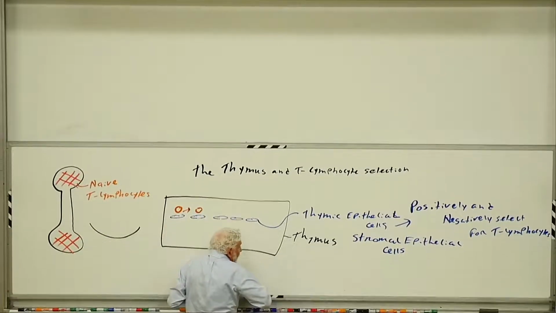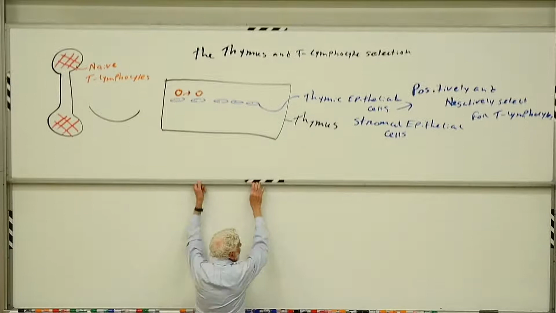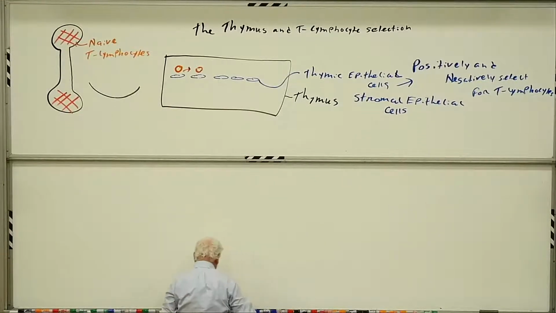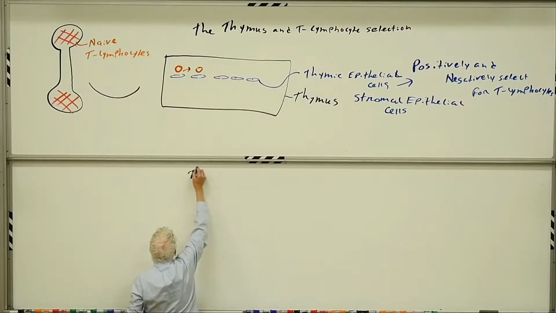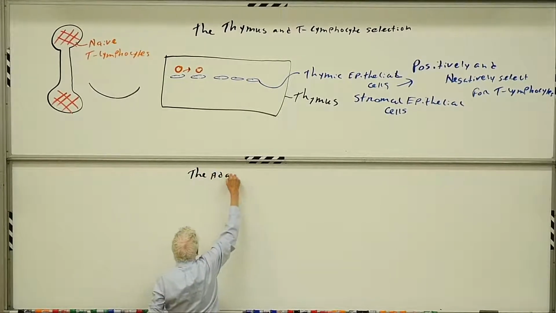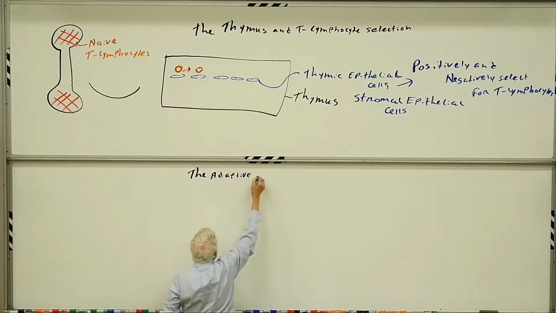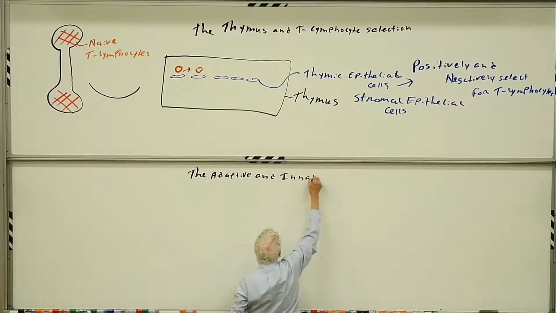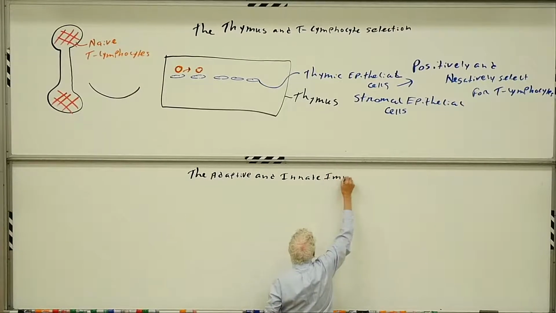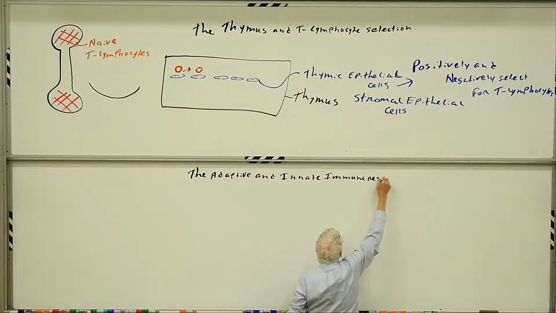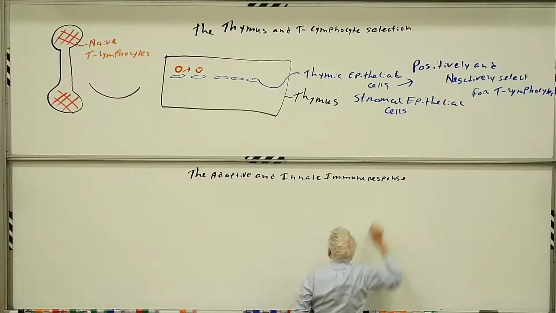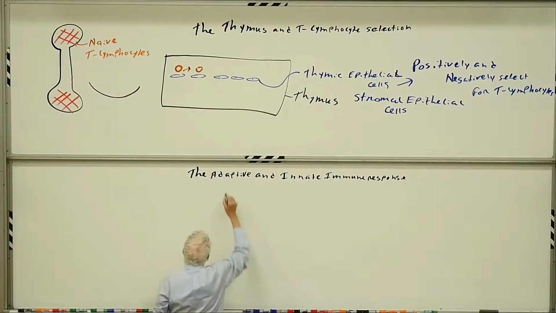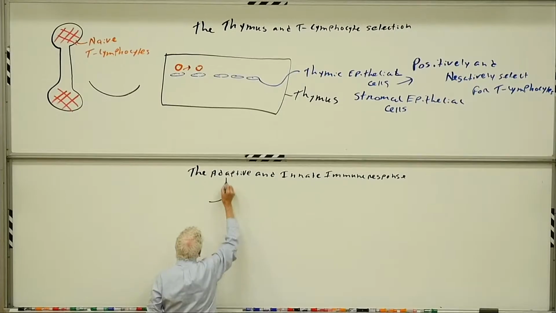That brings us to the end of the lymphoid tissues. So now we can begin to think about the adaptive and innate immune responses. We'll divide the adaptive immune response into two categories.